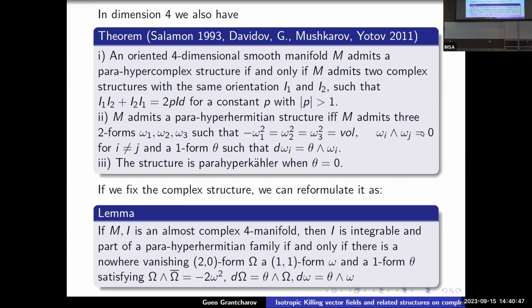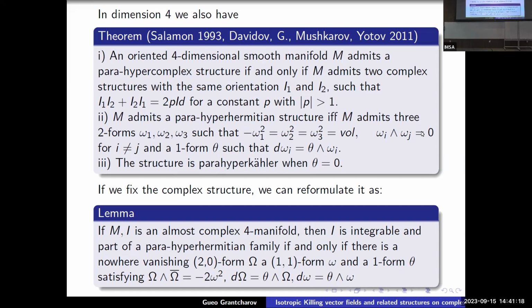This is for 1, 2, and 3. So these are three differential equations for the two forms. And because the forms are non-degenerate, such a one form exists, but they are usually different for the different forms. The idea is that three forms being the same is equivalent to this integrability.